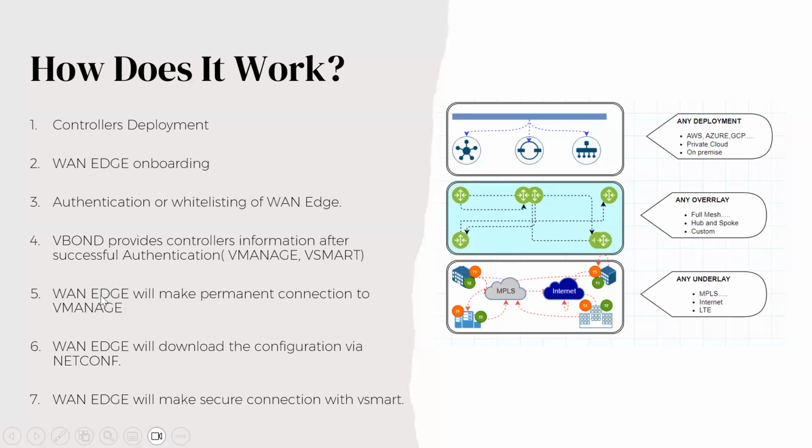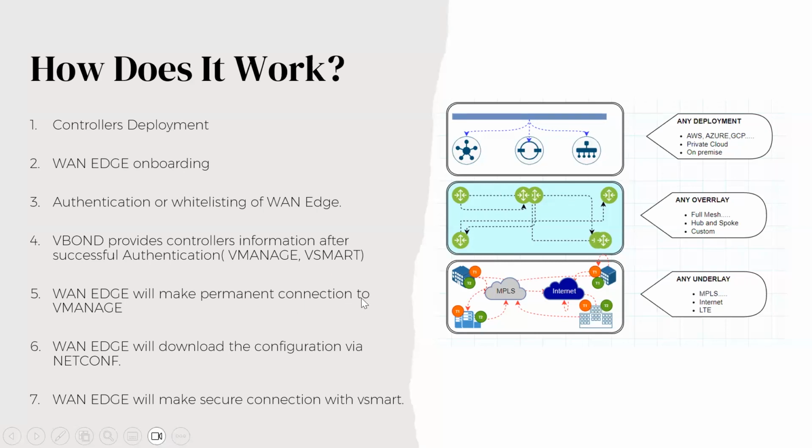Next, we need to understand that the connection between the controllers and the vEdge should be secure. So the vEdge will make a permanent connection to the vManage via one of the available transports. It will pick one of the available transports and make the permanent connection.